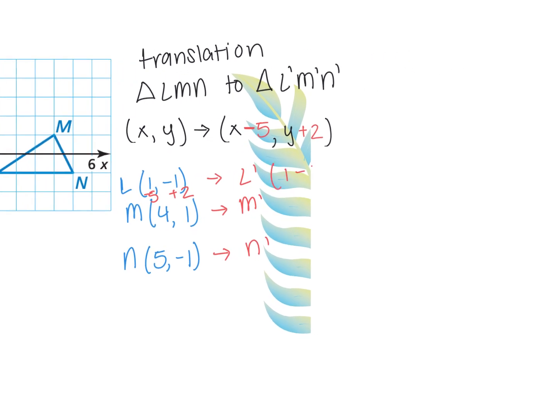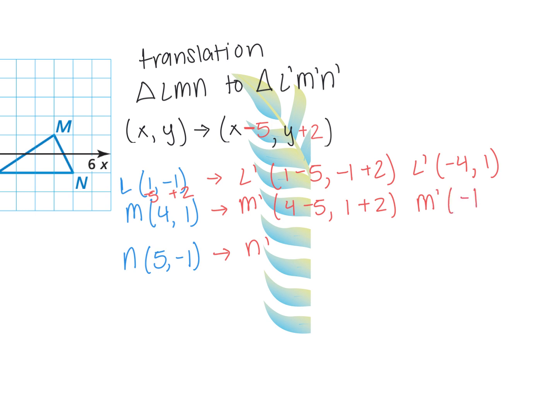You have 1 minus 5, -1 plus 2. So solving it, my answer is going to be -4, 1. Solving the next one, 4 minus 5, 1 plus 2.